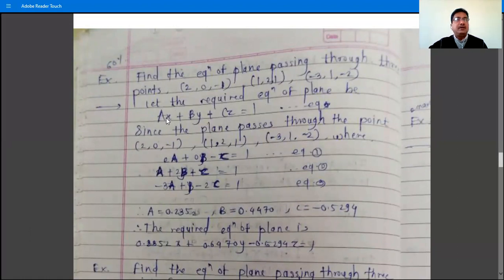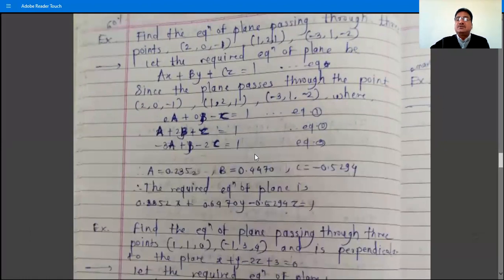Don't take the form Ax plus By plus Cz plus d is equal to 0, because in this equation there are only 3 undetermined coefficients, capital A, capital B, and capital C. So to find these values, only 3 equations are sufficient.